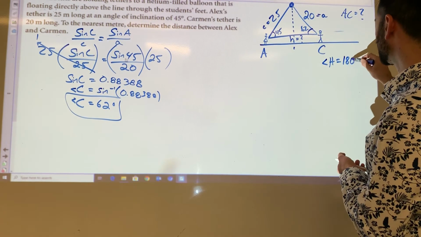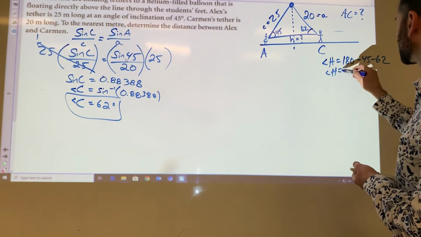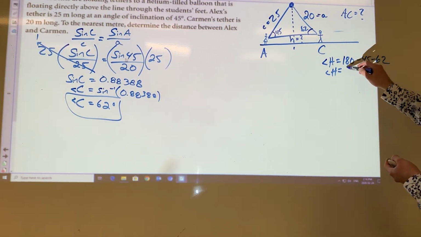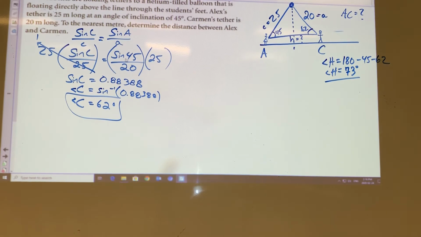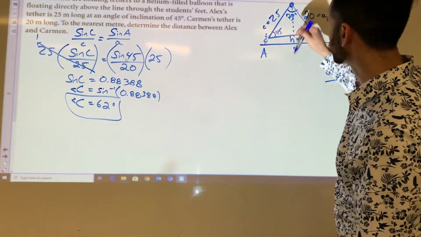So I can go 180 minus 45 minus 62. Was it 107? So is this 73? Is that right? I have a calculator, but I'm too lazy. Okay, Sarah says yes, so I'm going to go with that. So that's 73. Now what?